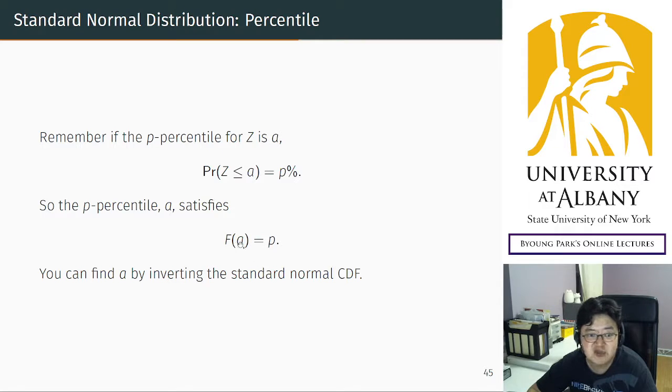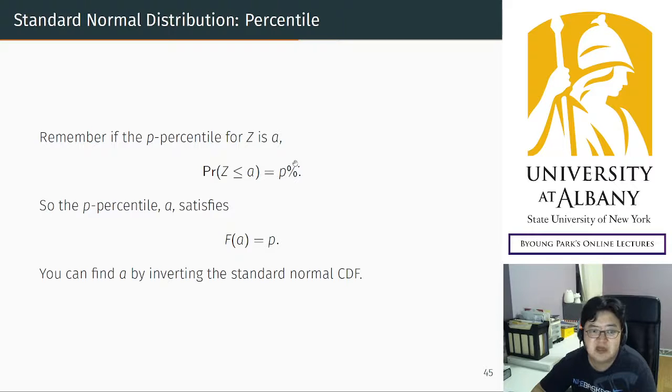It's like the relationship between a function and its inverse. When the CDF is given, if you know A, then you can calculate P, and you can do the other way. If P is input, then you can calculate A, right? It's like an inverse function, and this is closely related to the percentile.